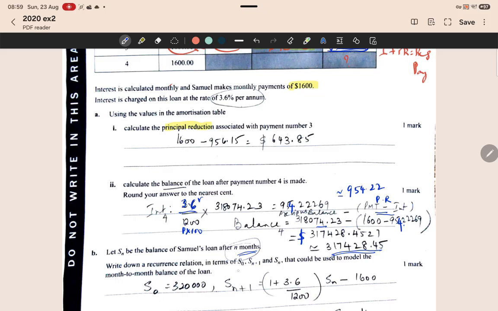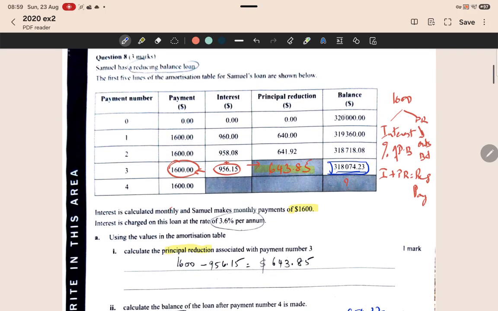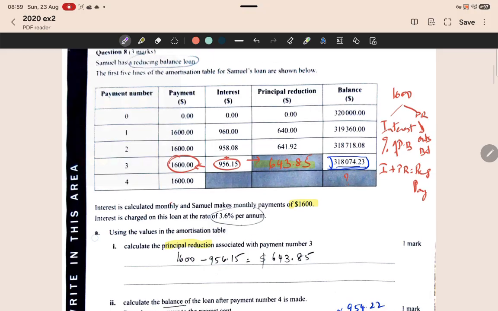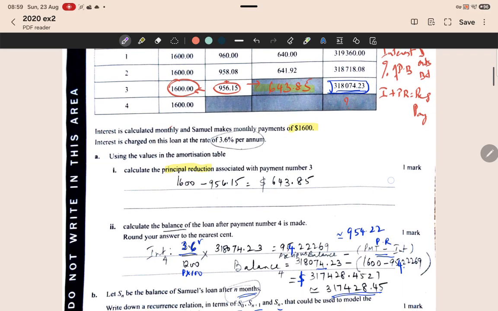Write a recurrence rule in terms of S0, Sn plus 1, and Sn that could be used to model the month-to-month balance of the loan. So they want a recurrence relation which has a starting value. So that's the initial balance, that outstanding balance that we had, and that's this.